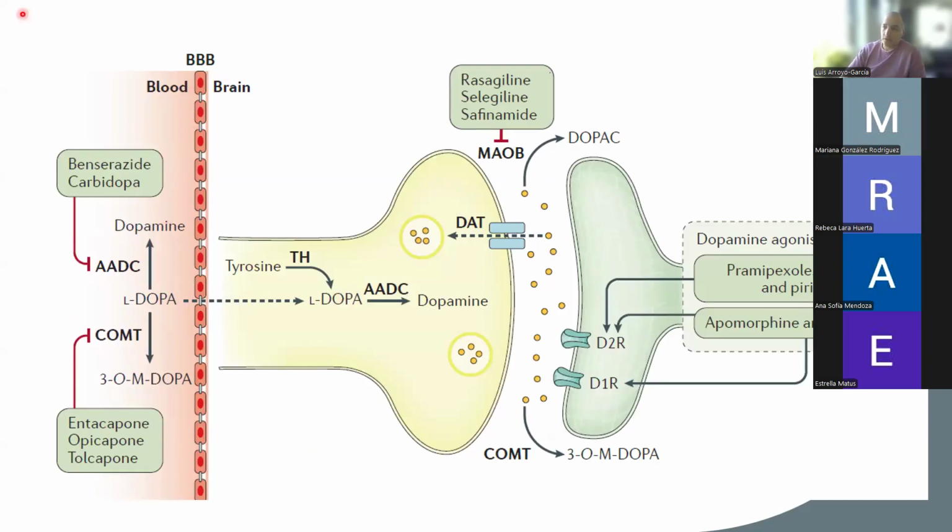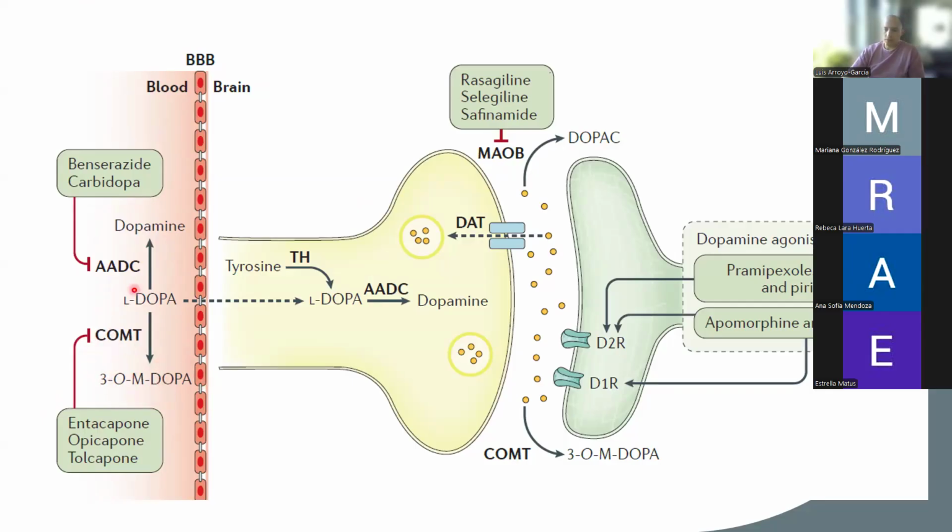Normally, in the blood we have levodopa running around, and we need dopamine in our system as well. So with this enzyme, the ADC, we're going to form dopamine in the blood, and with the COMT, we're going to form 3-OM dopamine.